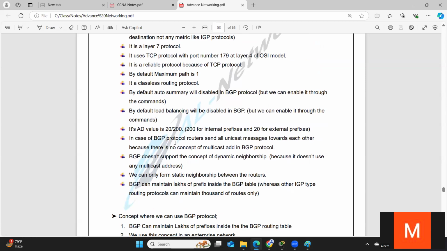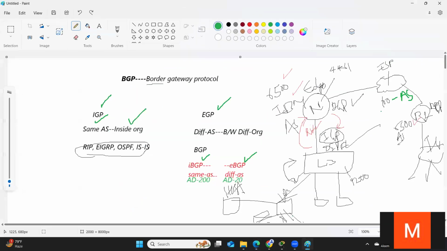In the case of the BGP protocol, routers send only unicast messages. Why is it sending unicast, and why don't we have the concept of multicast? See guys, it's an important thing, just listen here. It has only unicast messages.